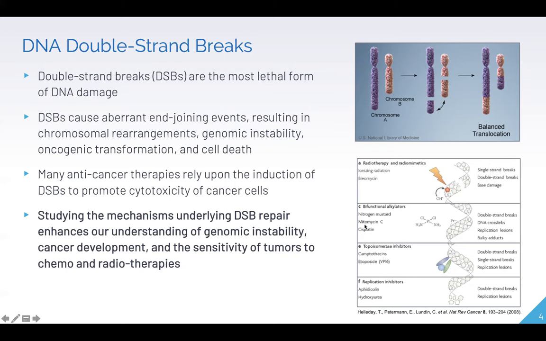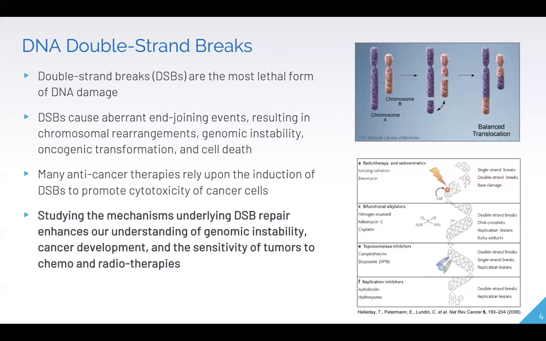Other agents such as cisplatin or platinum compounds in general, mitomycin C, for example, these are bifunctional alkylating agents that cause DNA cross-links between different nitrogenous bases on the same strand. These will be considered as intra-strand cross-links, or more seriously, cross-links between the two different strands of the helix, causing interstrand cross-links.